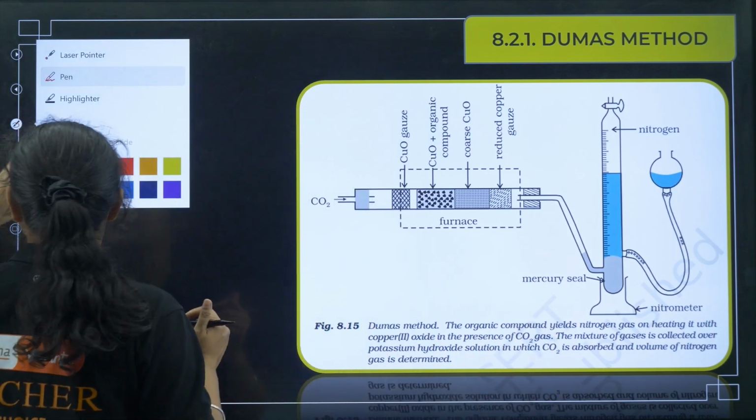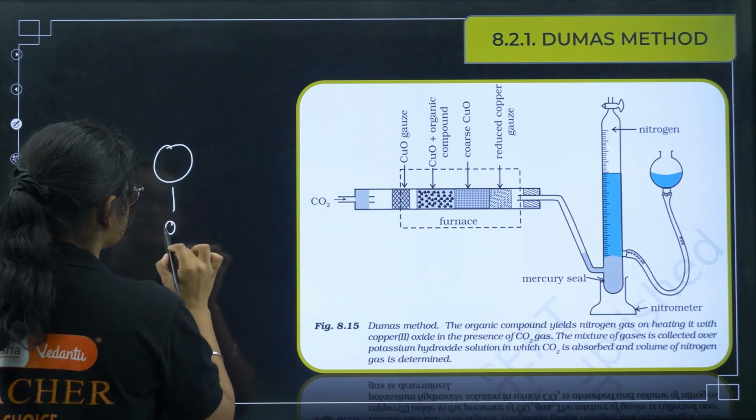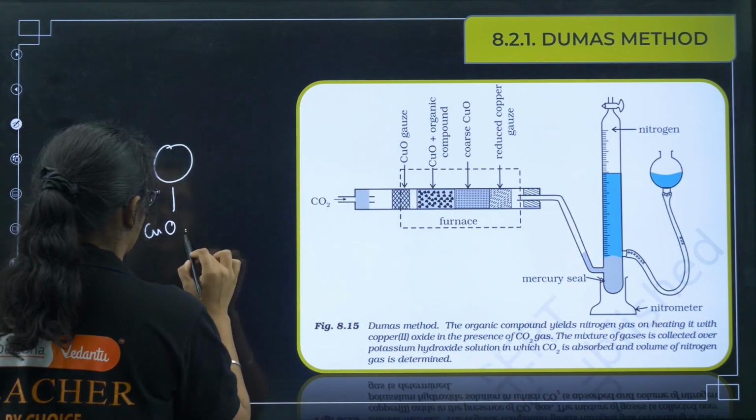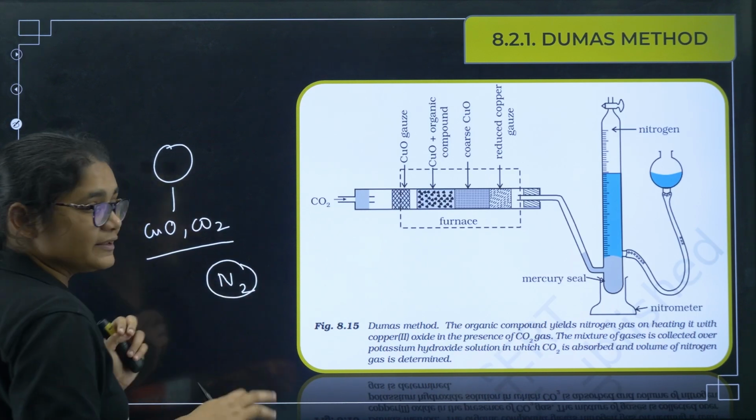So what I am saying is, if you heat an organic compound in the presence of copper oxide and carbon dioxide gas, then as a byproduct N2 gas will be formed.